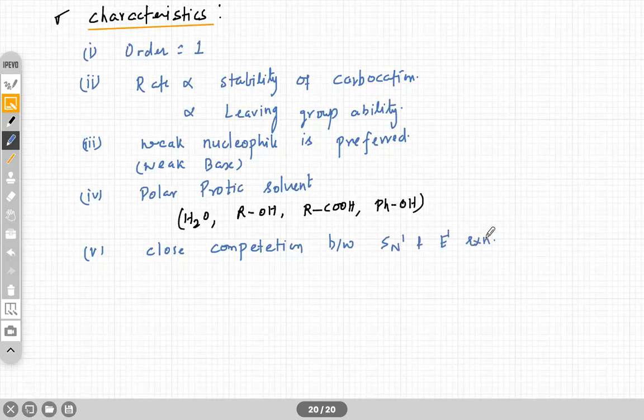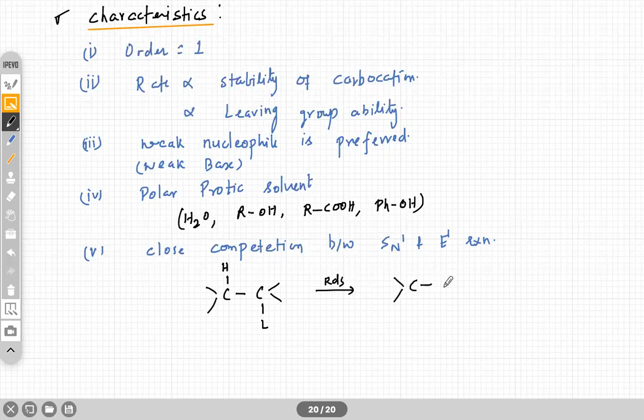For example, you see, we have a compound, the same thing we are discussing here. This compound has a leaving group. Here we have one hydrogen, and the first step is the RDS. It forms a carbocation, single bond C, positive charge on it, and H.